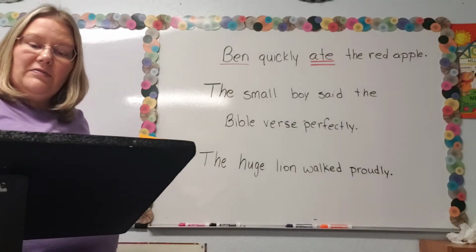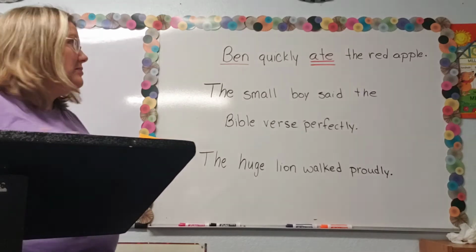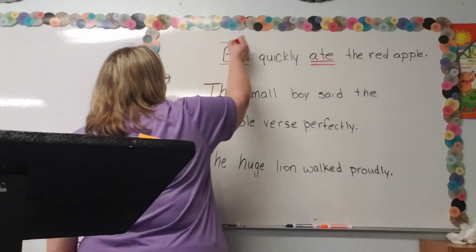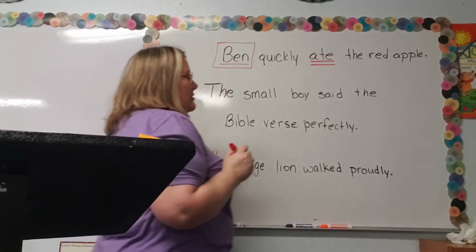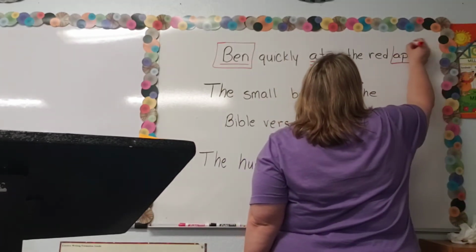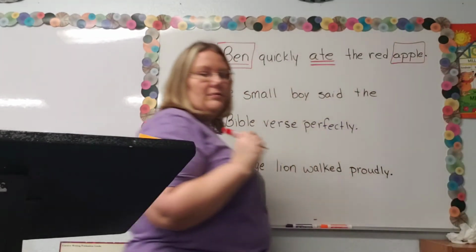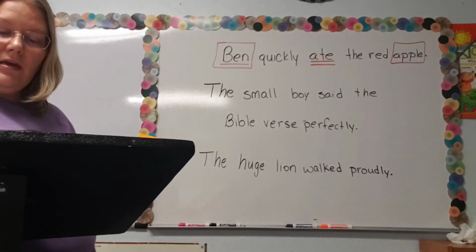Step 3 says find and draw boxes around all the nouns, even if they're the subject. Okay, so Ben is a noun. Quickly, no. Ate the red, no. Apple, here is our other noun. Step 4, look at the nouns and draw a circle around each box.